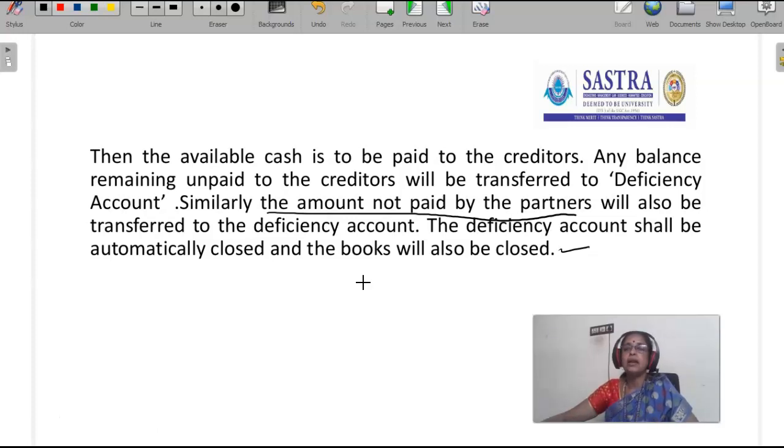For the creditors and all, the firm uses its cash balances, and if the firm is not able to pay the creditors fully, the unpaid balance is transferred to the deficiency account. Likewise, the amount not paid by the partners will also be transferred to the deficiency account. Automatically, the deficiency account will be closed, and all the books will also be closed. I hope you all understand the concept.